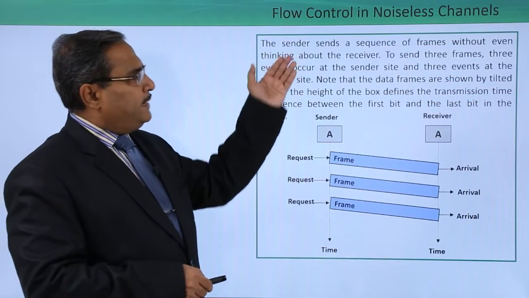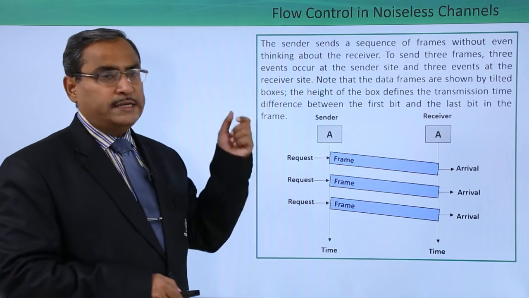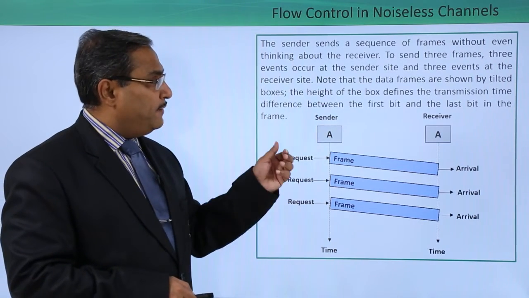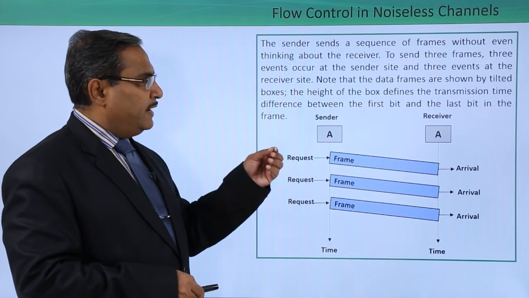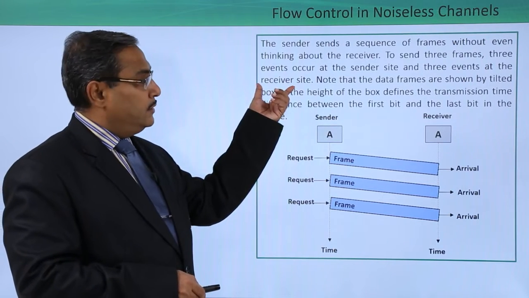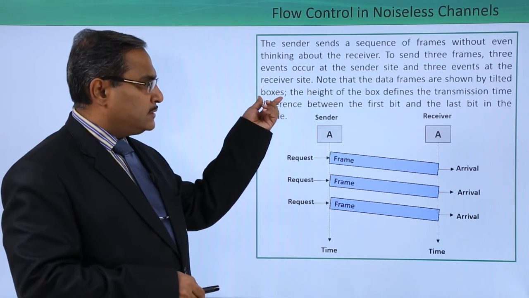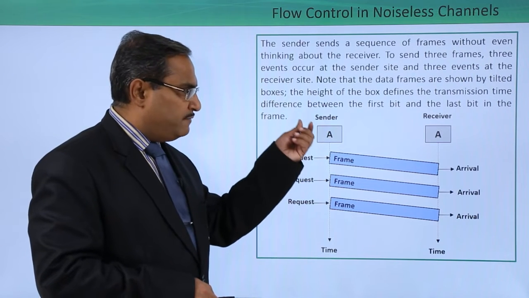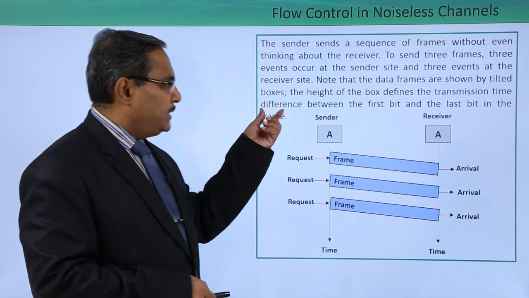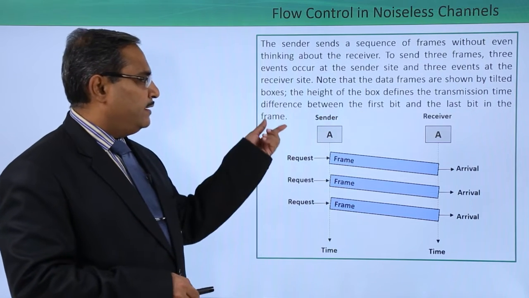Now the sender sends a sequence of frames without even thinking about the receiver. To send 3 frames, 3 events occur at the sender side and 3 events at the receiver side. Note that the data frames are shown by tilted boxes. The height of the box defines the transmission time difference between the first bit and the last bit in the frame.